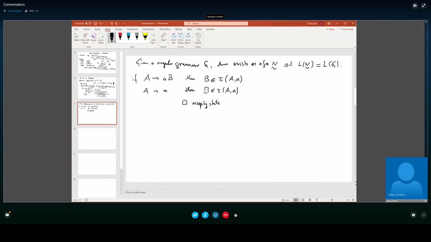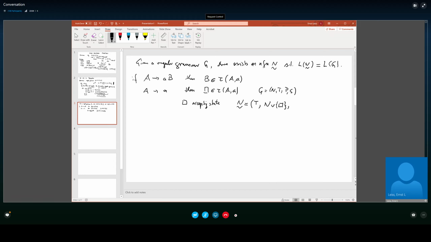So if we have a grammar G in T, P, S, then the non-deterministic finite automaton is obviously: the alphabet of input symbols is T. The states are all the variables of the grammar plus this special state.